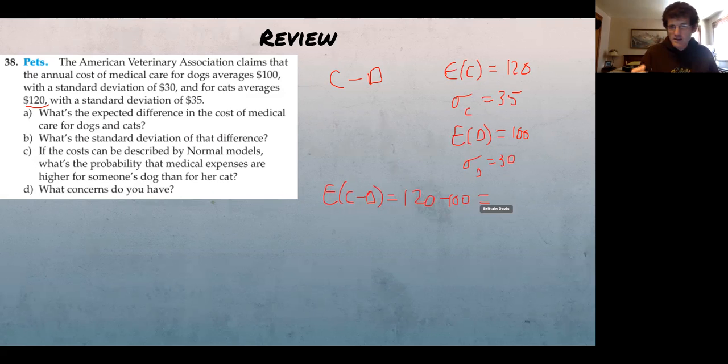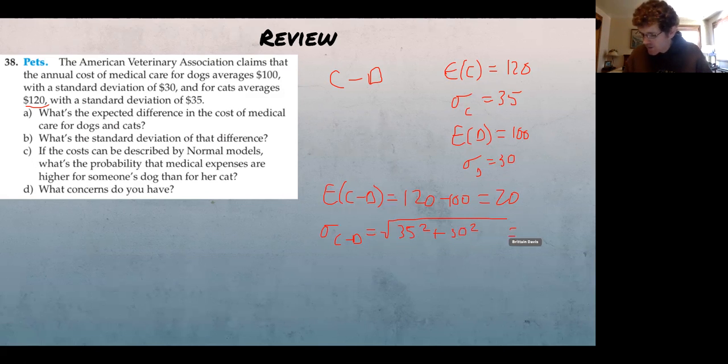The expected value is the easy part. So the expected difference between them is $20. But the standard deviation for C minus D is going to be the square root of the sum of the variances. That's going to be 35 squared plus 30 squared, which gives me, you can plug this in at home as well.